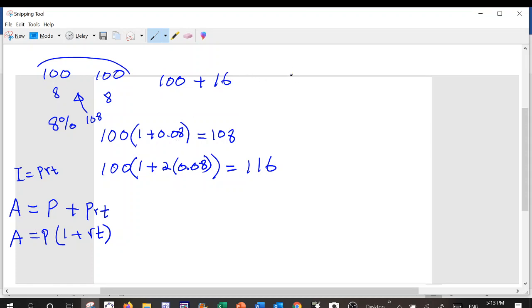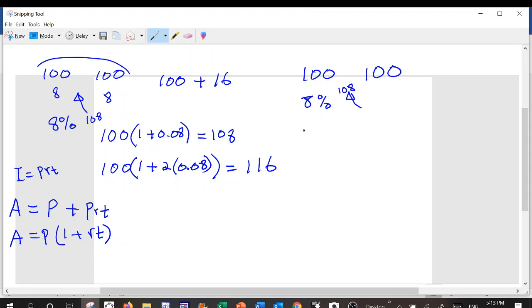Now, in compound interest, this is how it works. It's still $100, and you charge me 8% per year. But what you're going to say is this. After 1 year, you owe me 108. But at the beginning of the second year, you owe me 108 and 8% interest on top of 108.